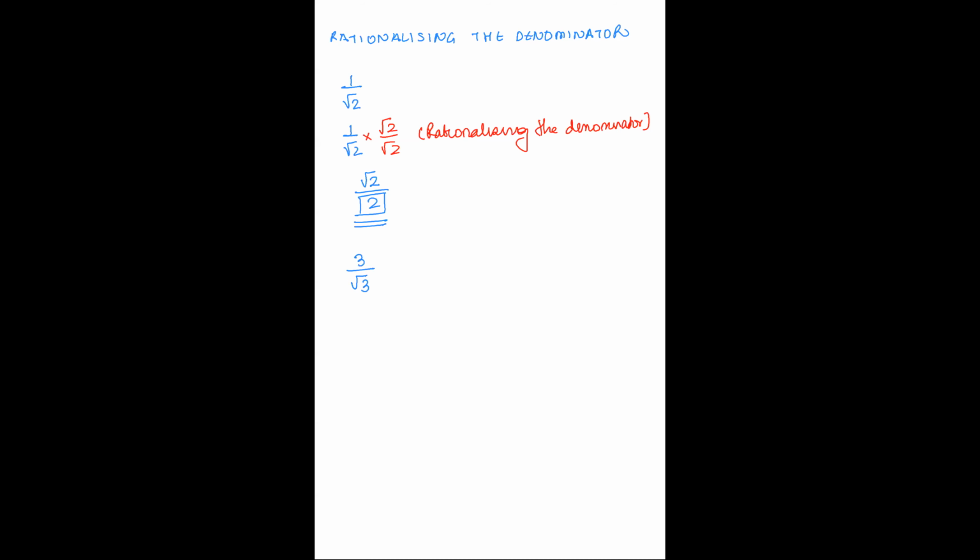So we have 3 upon root 3 multiplied by root 3 upon root 3. Many students have given the answers, and that's the correct answer. So we have 3 root 3 upon root 3 into root 3, which becomes 3, right?